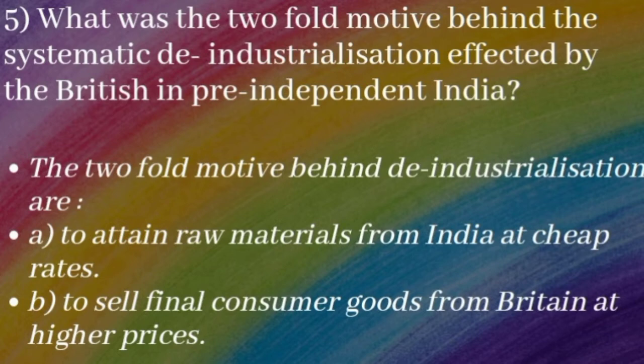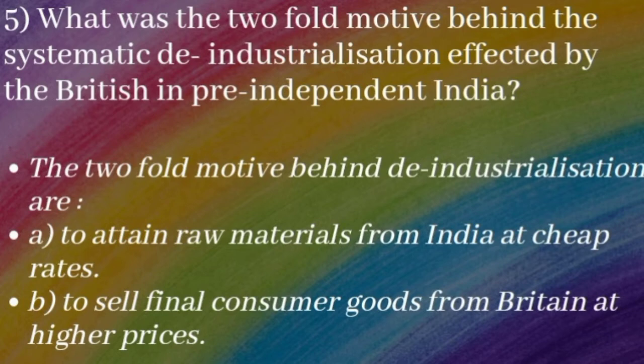So the twofold motive behind the deindustrialization is to attain the raw materials from India at cheap rates. That means they considered India as a supplier of raw materials, or they exported raw materials from India, considered India as an exporter of raw materials.